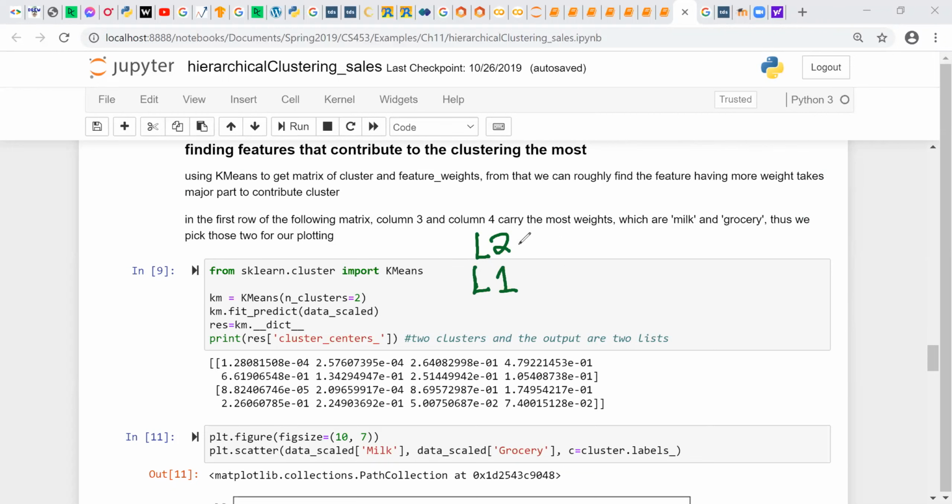Generally speaking, L1 and L2 are for regularization.